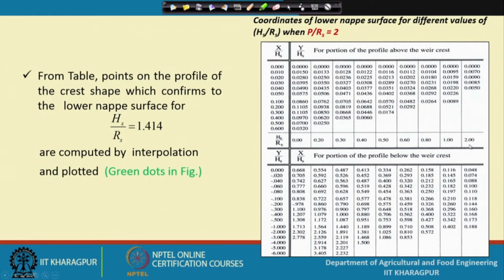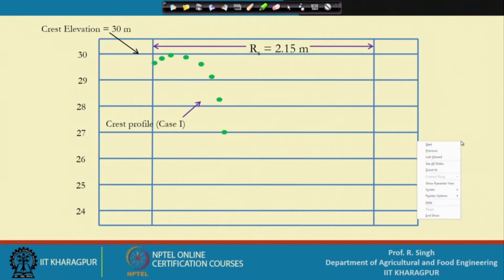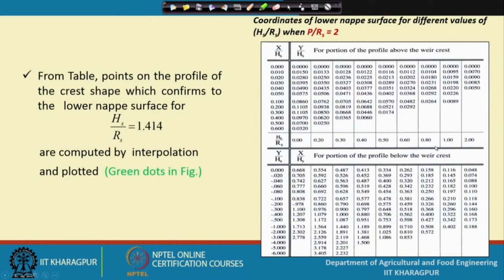So 1.4 lies between 1 and 2, and this is at different P by Rs, the ratio for 2. Our entire calculation was based on the ratio P by Rs as 2. So, for different values of Hs by Rs, we interpolate for different crest profiles, and then we plot this.